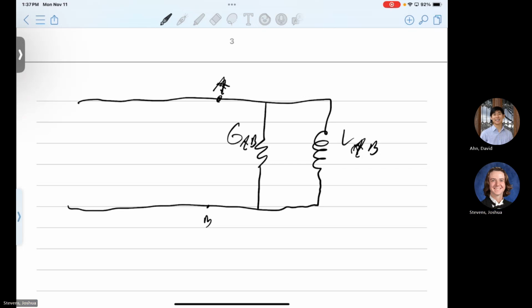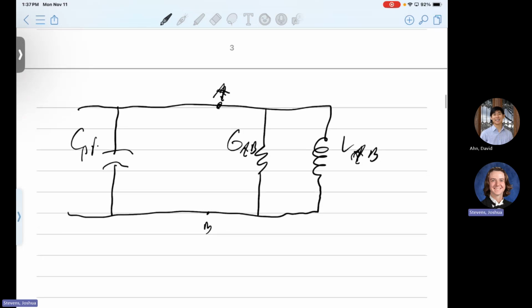To counteract that inductor, you have to put a capacitor. I believe that's the difference. So we'll have this capacitor for the power factor correction.